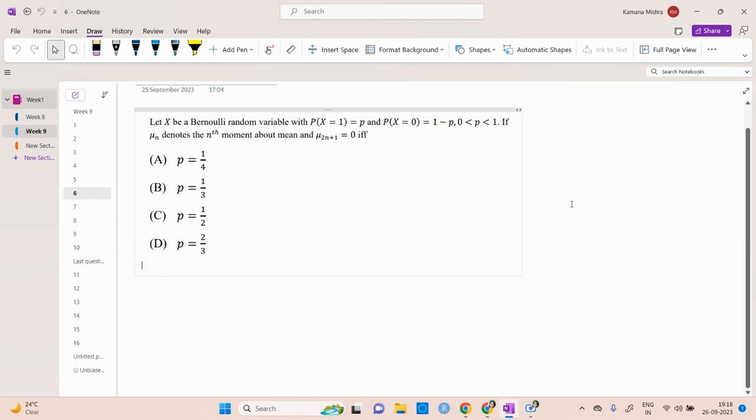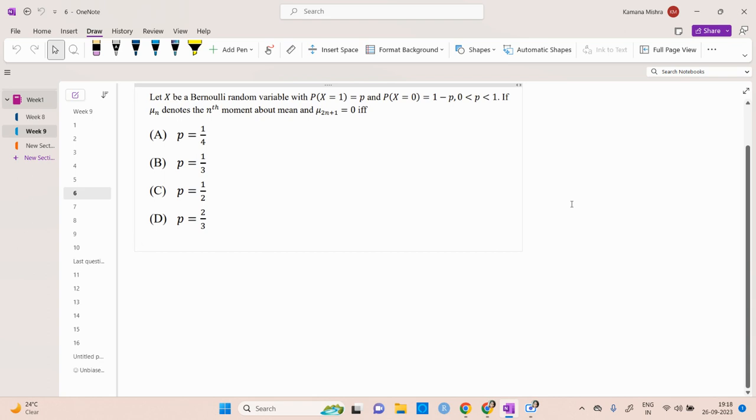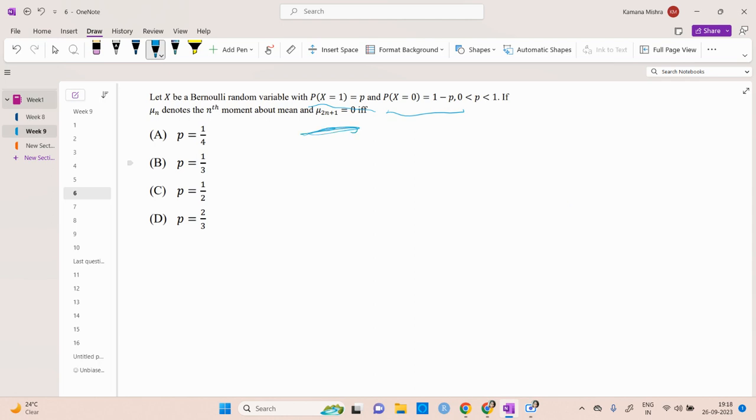So what is given here is that P(X = 1) is equal to p, and P(X = 0) is 1 minus p. These two things are given. And then mu 2n plus 1 is equal to 0. Then we want to find what is the value of p, right?